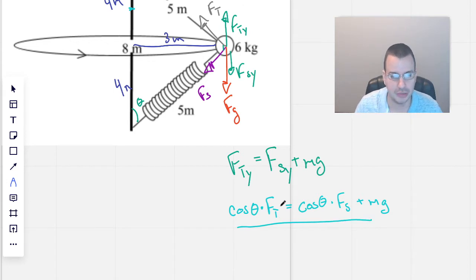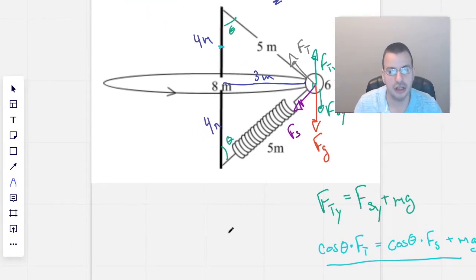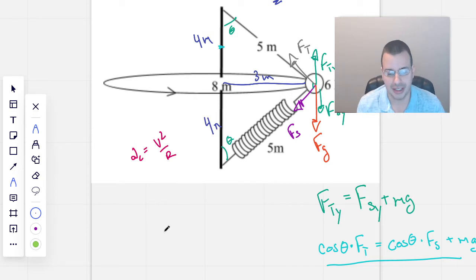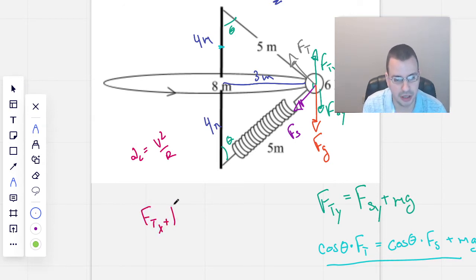Now we want to look at it in terms of the x direction. So in the x direction, there is an acceleration, but the acceleration is centripetal. So acceleration centripetal, which is v squared over r, the radius. And so the sum of all forces is going to be force tension x plus force spring x, which is going to be force, I'll do little c for centripetal.